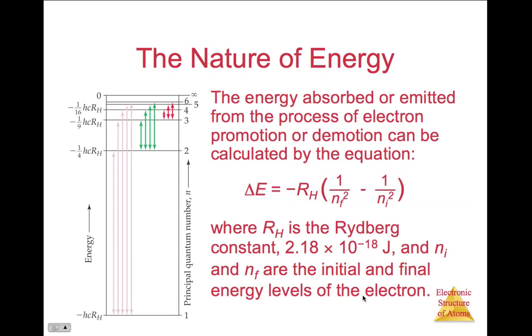These allowed energy states were furthermore used to calculate the energy absorbed or emitted using an equation called the Rydberg equation, where the change in energy due to a movement of an electron from one allowed energy level to another was equal to the Rydberg constant times 1 over the final position of the electron minus 1 over the initial position of the electron.